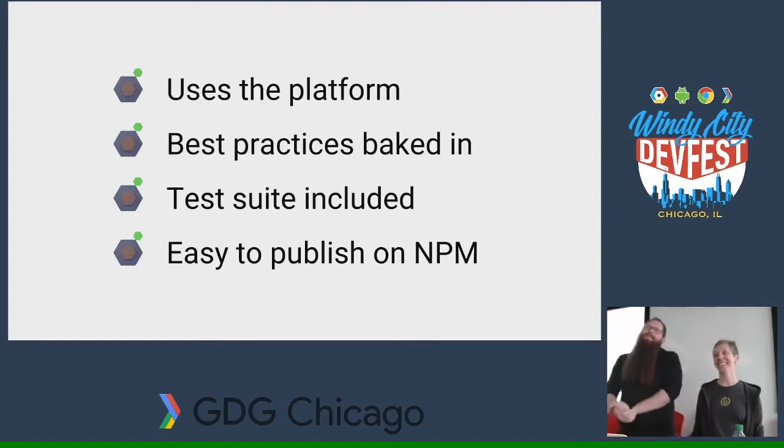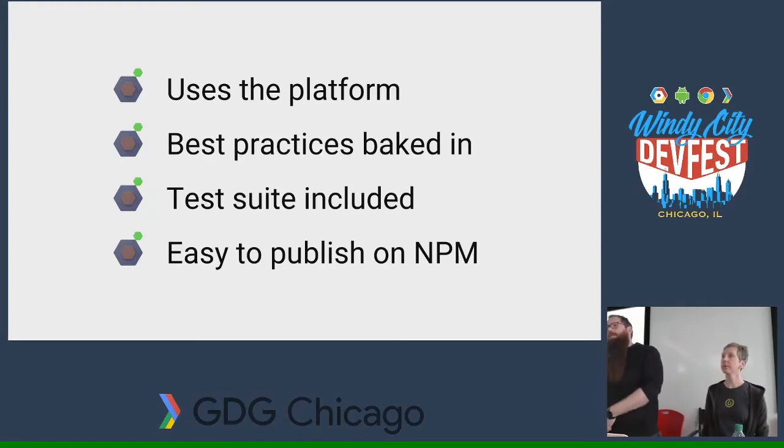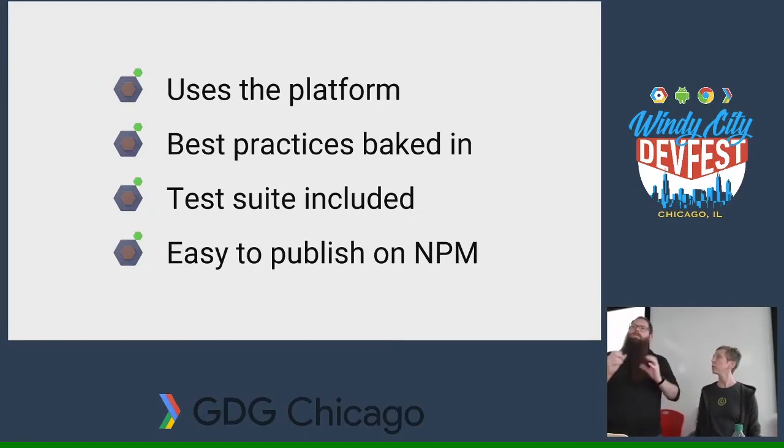Some of the things that Nutmeg is trying to bring to the table: you can build components in almost anything, but some don't leverage the standards very well. So we're trying to use the platform. We implement the custom element standard spec. We have Shadow DOM, kind of what you would expect from a modern web component. If you just do a vanilla web component, there's a lot of edge cases that you might not know about or consider, and so a lot of those best practices are automatically baked in and handled for you.